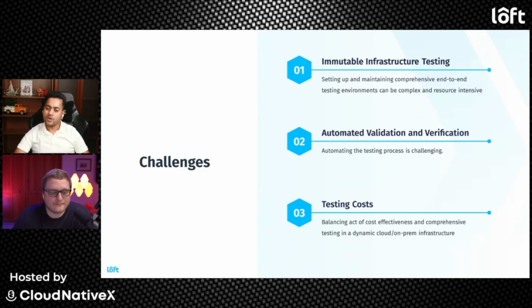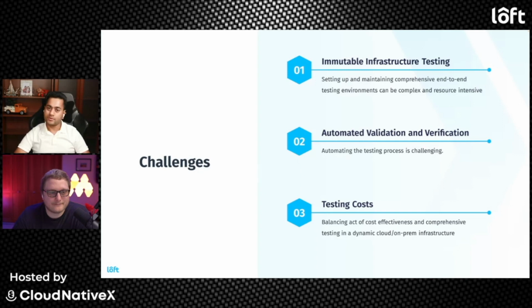So the common challenges that we face here, the top ones for any infrastructure engineer, is I want to have an immutable infrastructure to test everything. And it has to be very identical to the production environment that we have. How do we do that? How do we integrate that into the GitOps workflow?